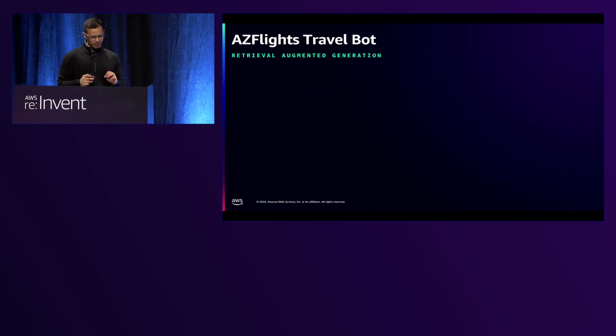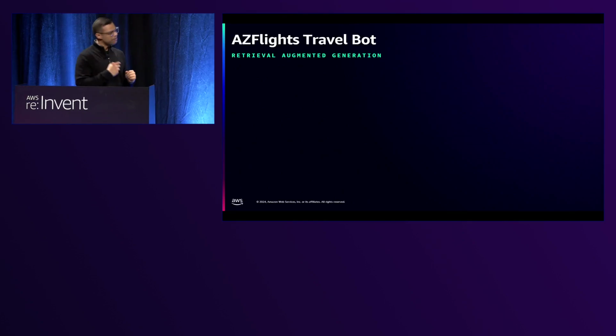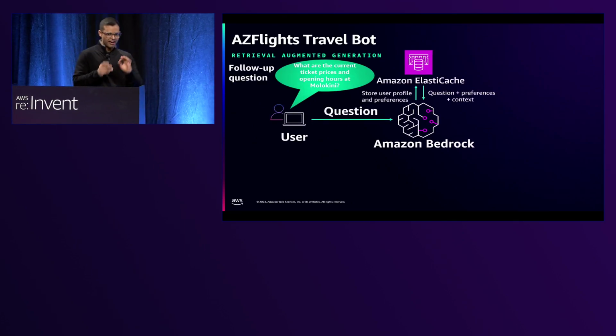Now, we reach our so-called most sophisticated stage, which is retrieval augmented generation. What will happen now is another follow-up. Okay, I'm super excited. I have my itinerary planned. Help me get the current ticket prices so that I can make my booking. Now you have ElastiCache that stores your chat history, stores your context, it stores your user preferences.